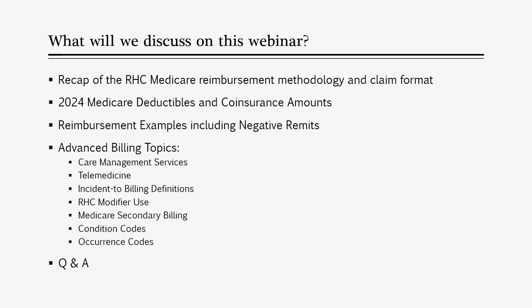And then we're going to spend a good bit of time on the Medicare deductibles and coinsurance and how the crazy way those deductibles work for RHCs ends up, at the first of the year, giving you some really squirrely looking remittance advices that have recoupments or negative amounts on them. And then we're going to go into some advanced billing topics as you see listed here. So we have a lot to go over, so let's just go right into it.